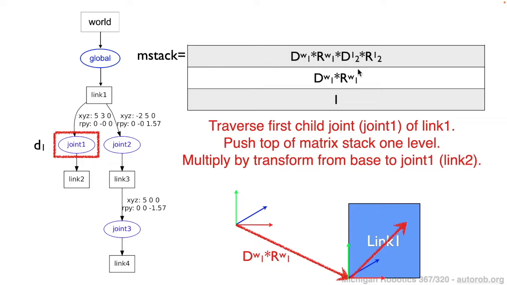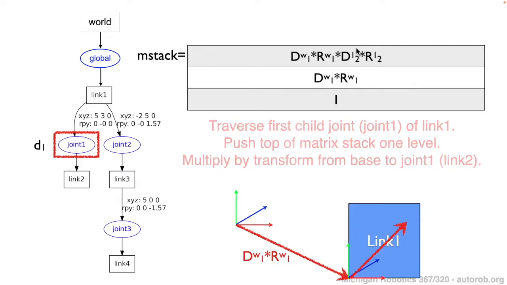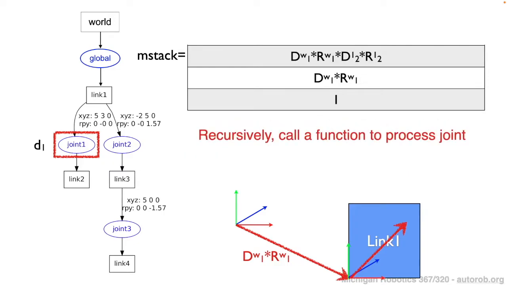So composing all of these transformation matrices together would allow us to represent the pose of joint 1 with respect to the world coordinate frame. And at that point, we would know how joint 1 would be positioned.